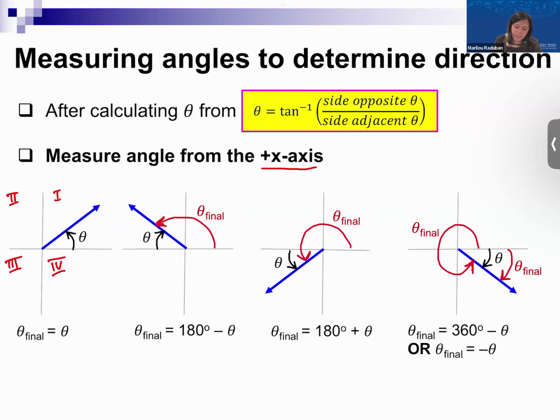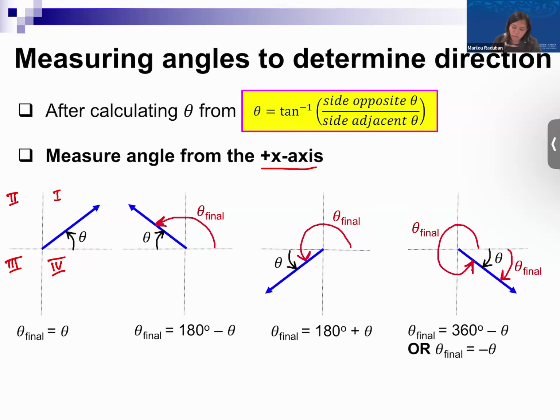So in that case, the final angle that gives the final direction should be 180 degrees minus the angle that you've calculated. Okay. If the resultant vector is in the third quadrant, as shown here, the angle that you calculate using this tangent theta function is measured from the negative x-axis.